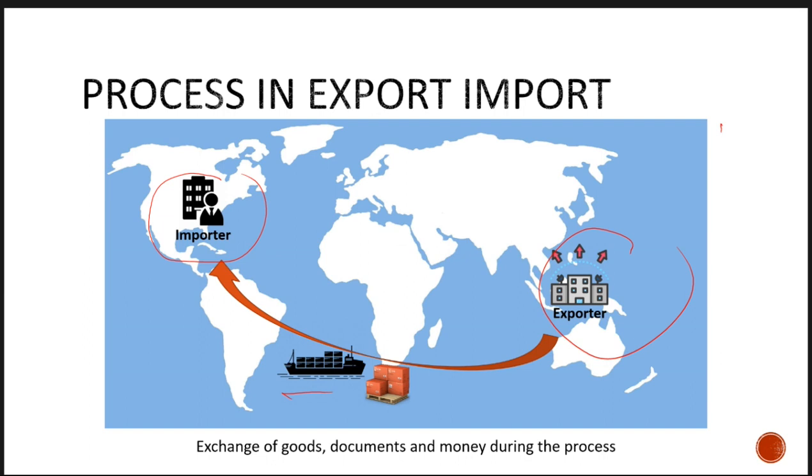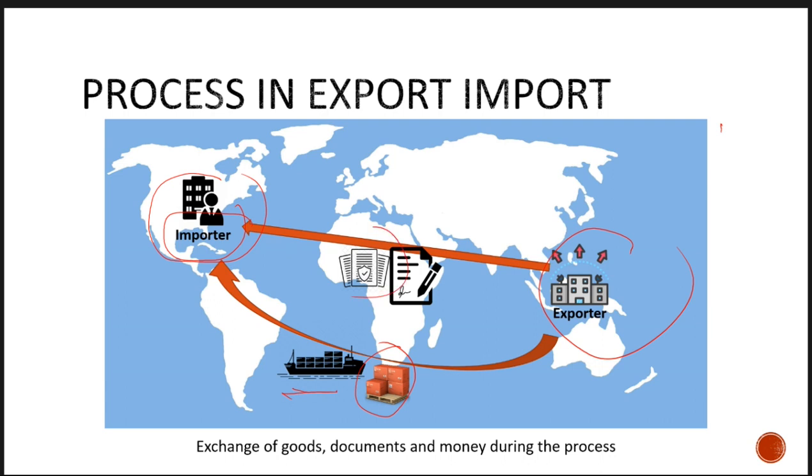And then we also need to send the documentation. So some of the documents are needed in order for the importers when they want to take their goods. They need to have some documents for the authorization or the invoice and something like that.